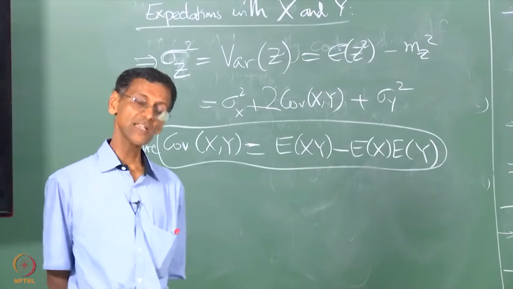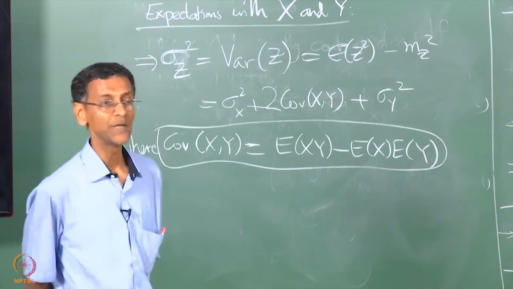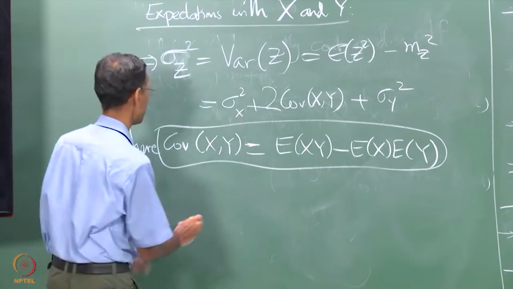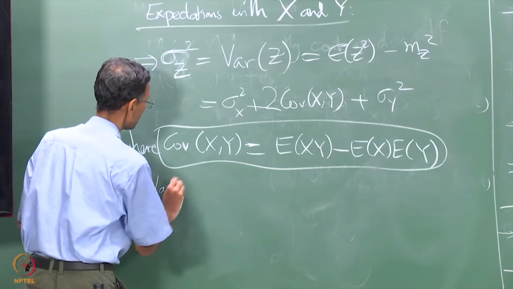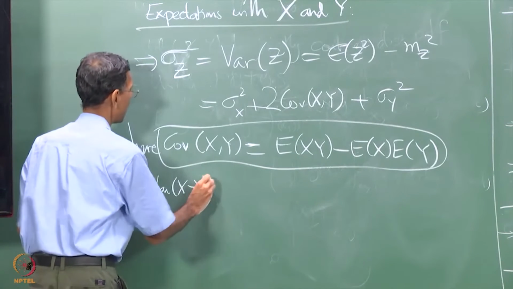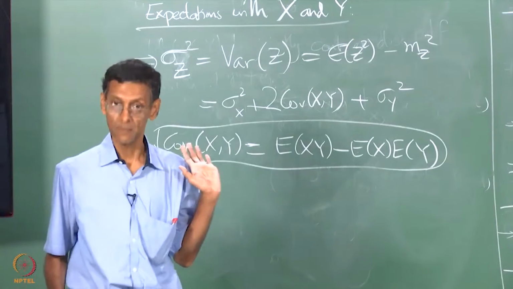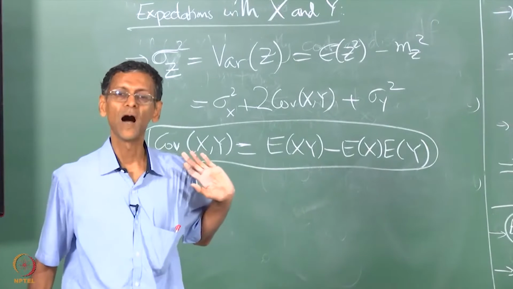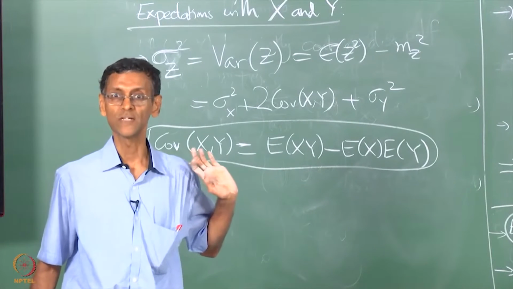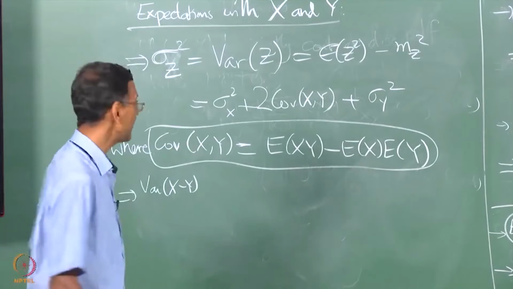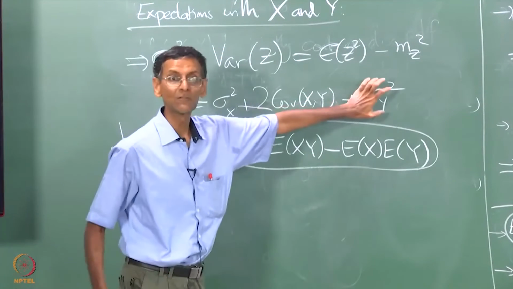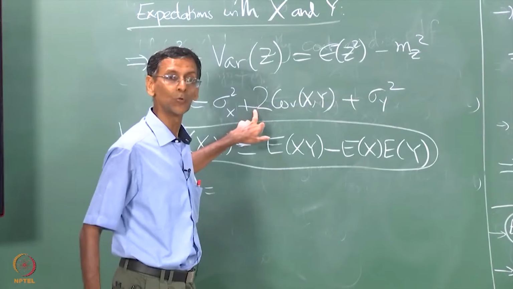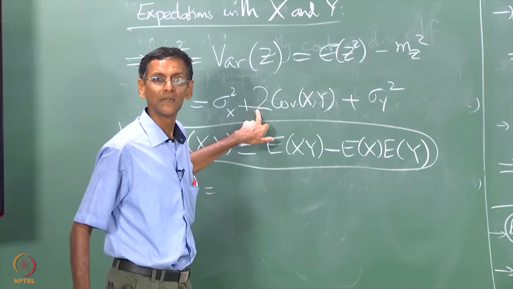If I took the difference instead of the sum, what would be the resulting variance of x minus y? Now look at the power of this notation, I can simply write variance of x minus y. I do not have to give it a name u or v or anything. Turns out again these two will always come with a positive sign, this term alone will become negative.